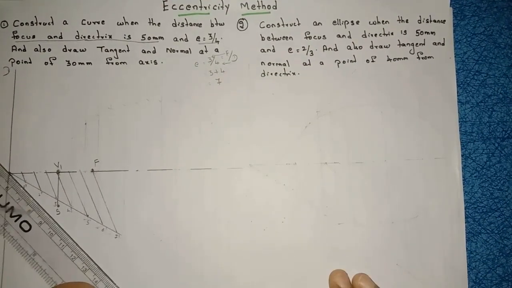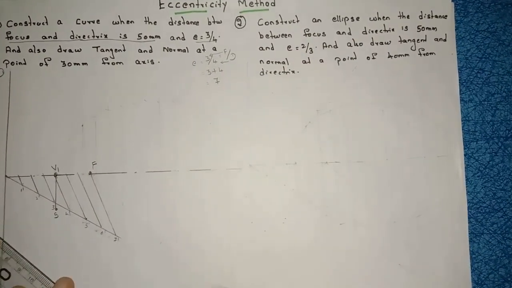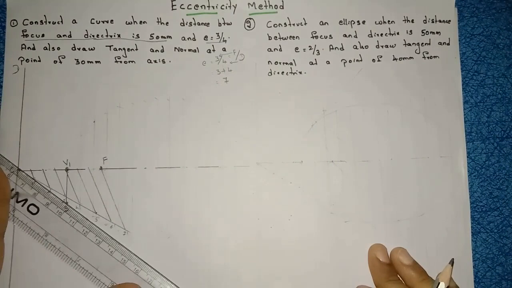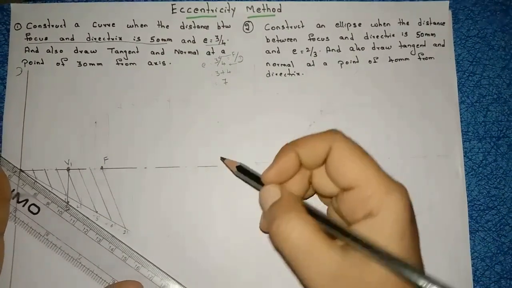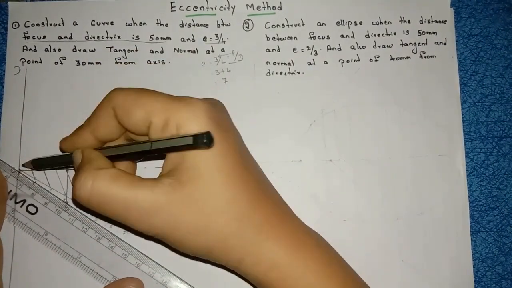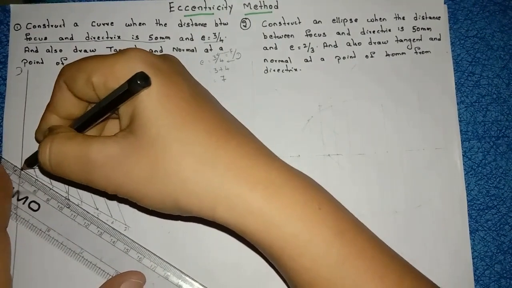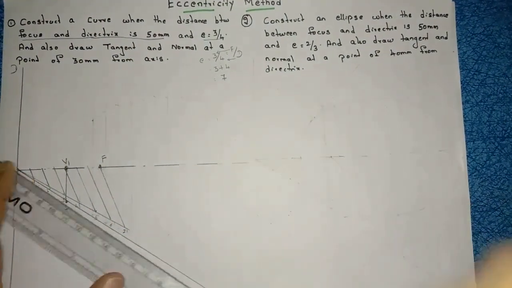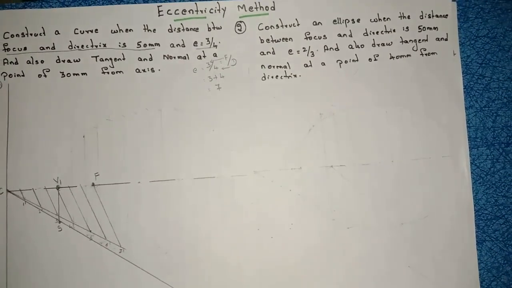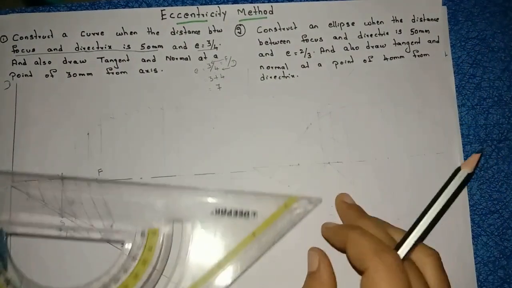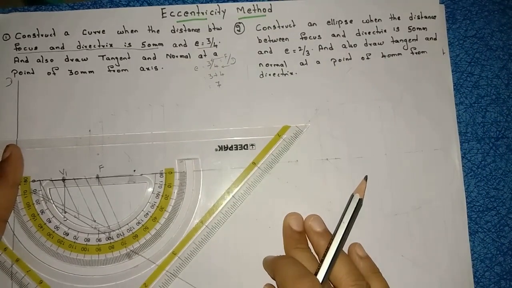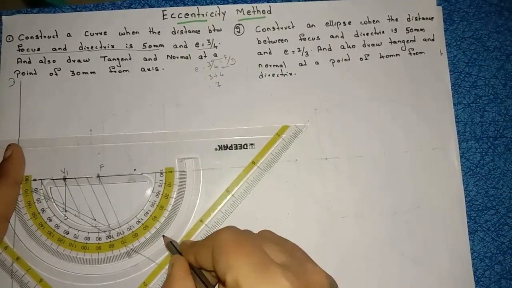After that, name this point C. From C, join S, and draw the line of any length. So we are going to mark V2 now. Keep your protractor on this F point and mark a 45 degrees angle.